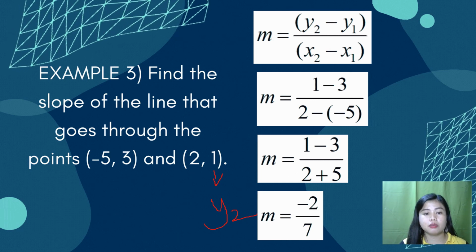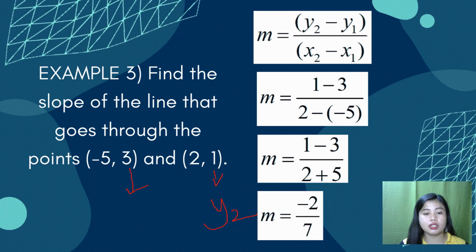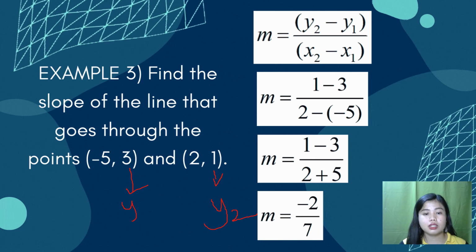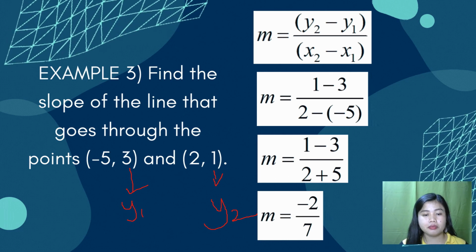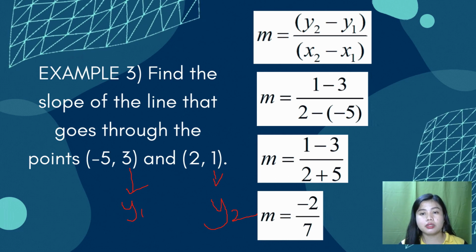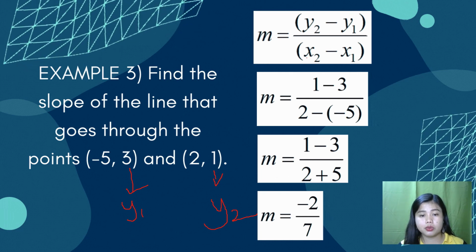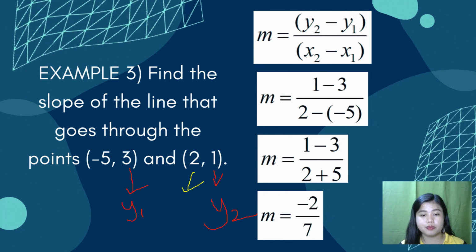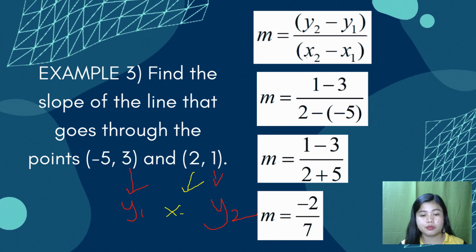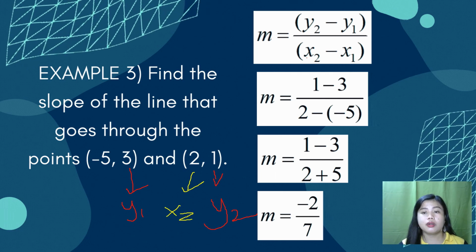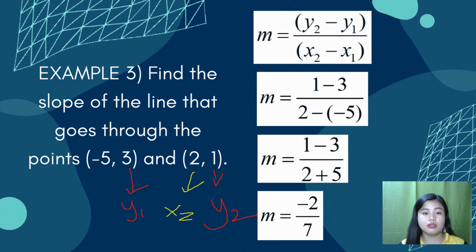What is our y sub 1? Our y sub 1 is positive 3. Next, what is our x sub 2? Okay, our x sub 2 is 2. What is our x sub 1?